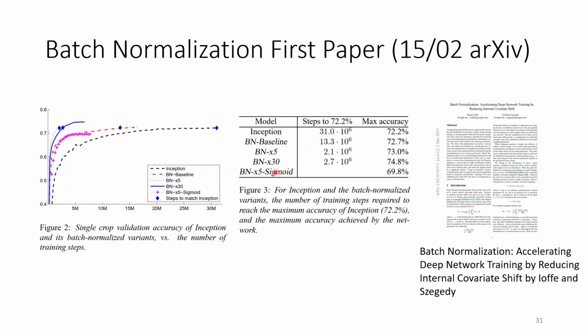And the last one is if they enlarge the learning rate but also change the activation function from ReLU to sigmoid, then what will happen? They found they will never reach as good an accuracy.